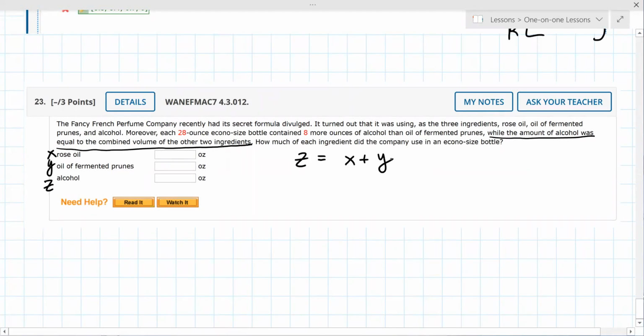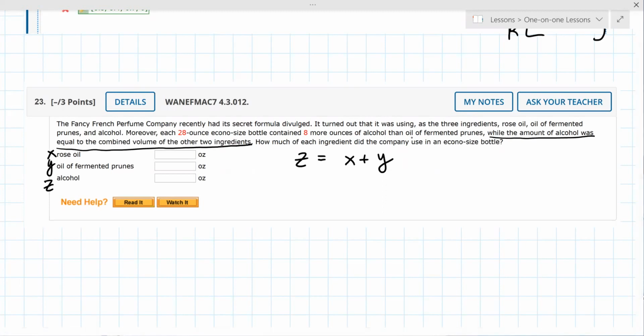It's using 3 ingredients to make a 28-ounce bottle. But we know that the 28-ounce bottle contained 8 more ounces of alcohol than oil of fermented prunes.